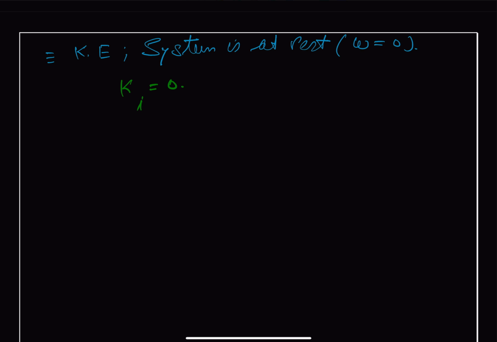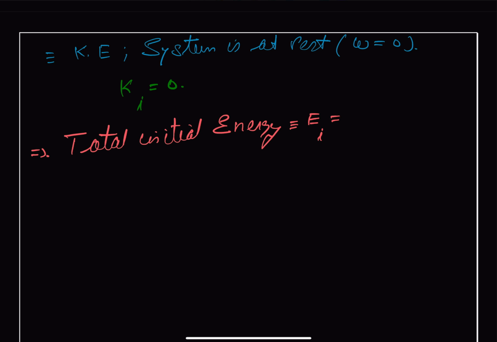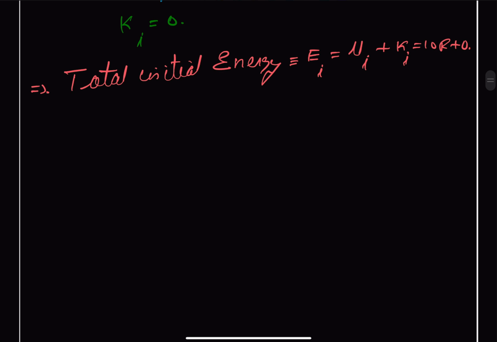Thus our total initial energy, E initial, will be equal to U initial plus K initial, and this comes as 10R plus 0, which gives us that our initial total energy is equal to 10 times R.